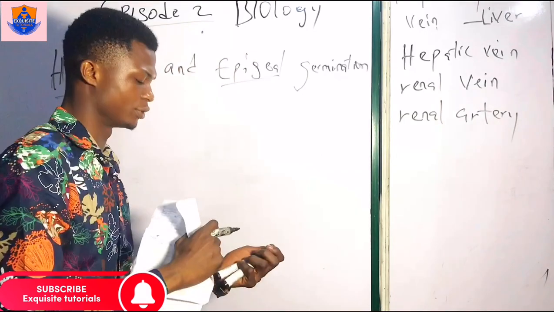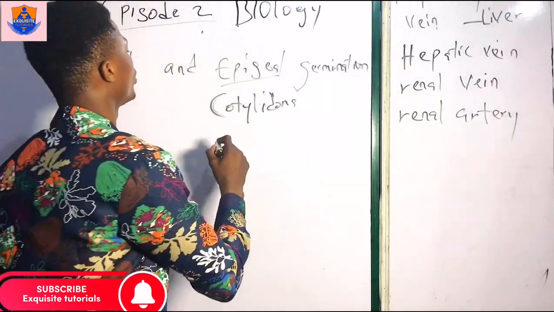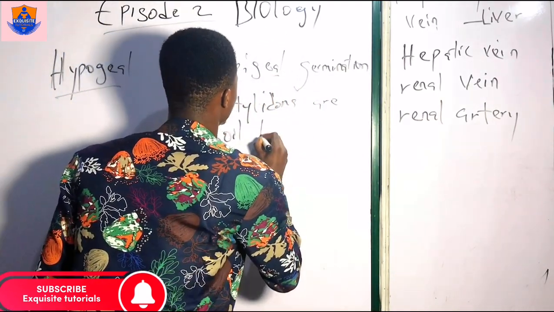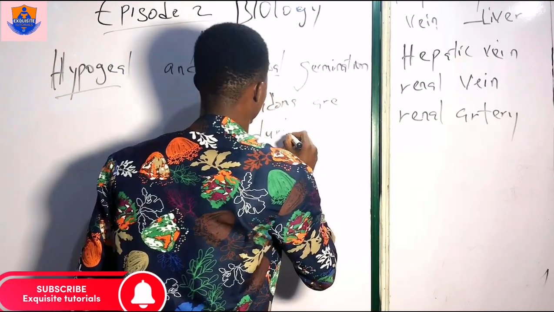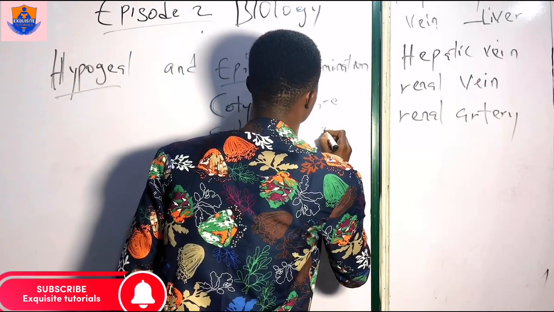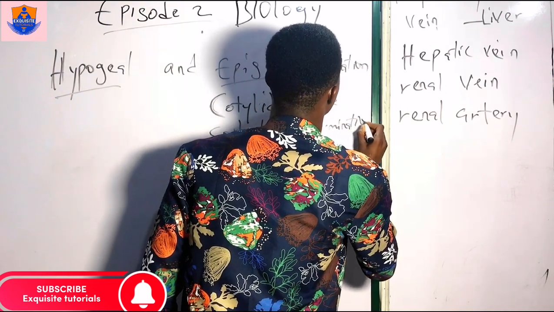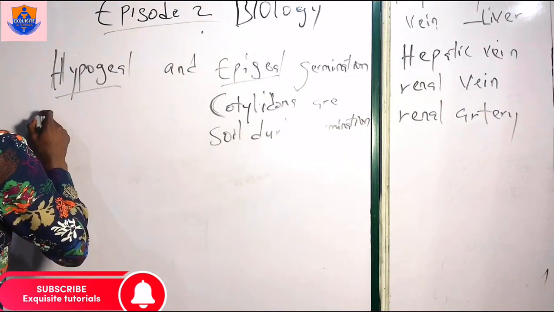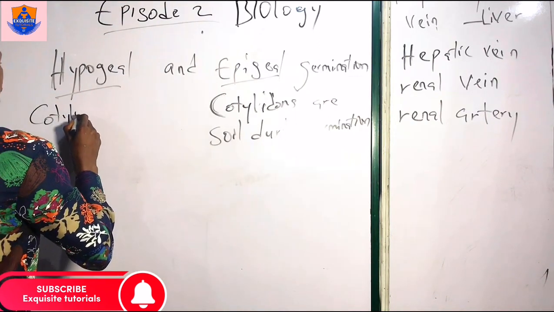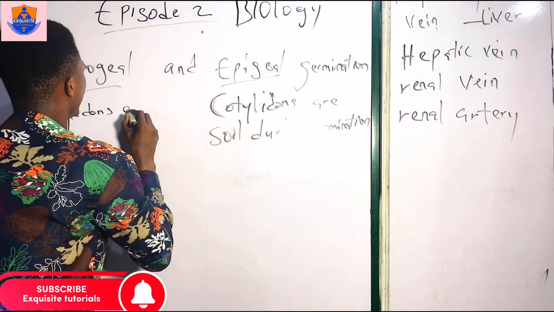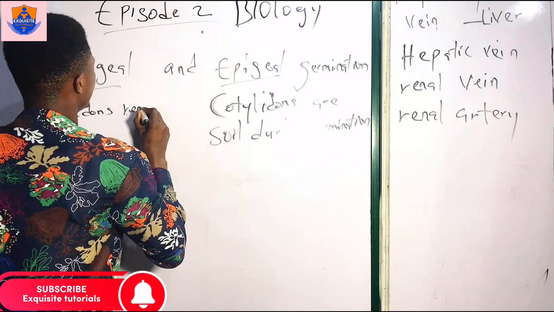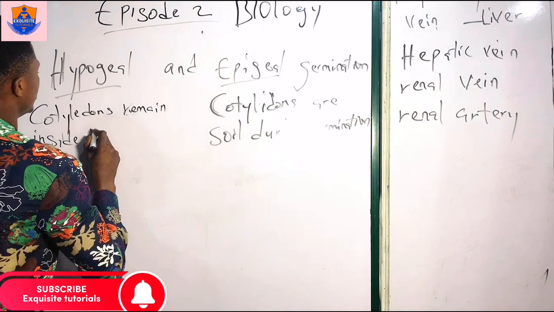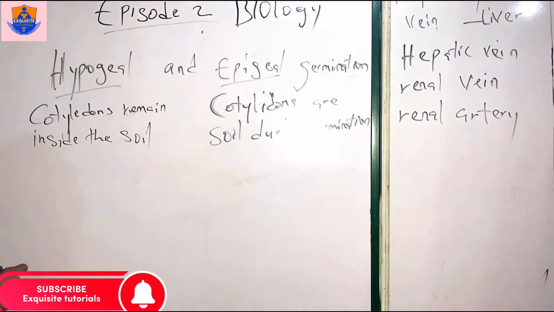Now, in epigeal germination, the cotyledons are brought outside the soil during germination. While in hypogeal germination, the cotyledons remain inside the soil during germination.